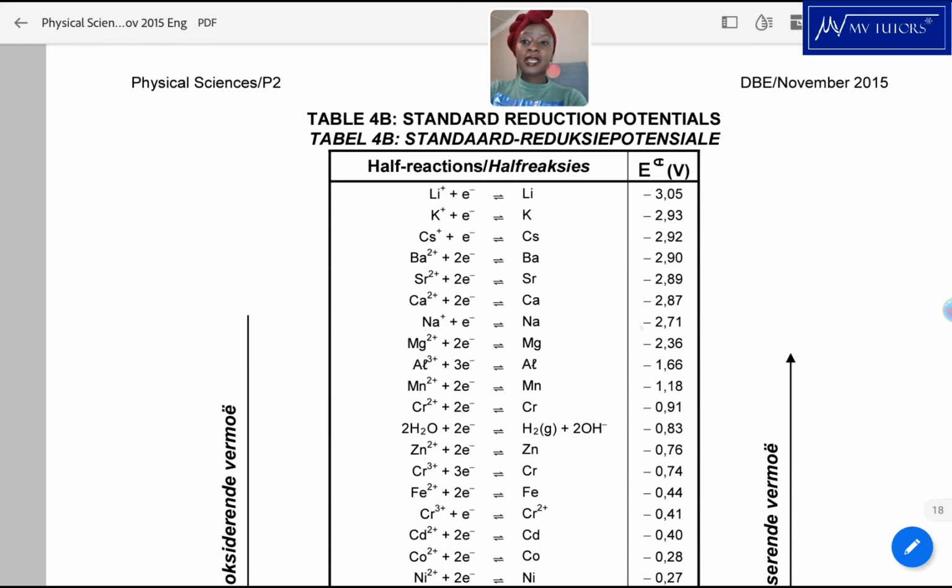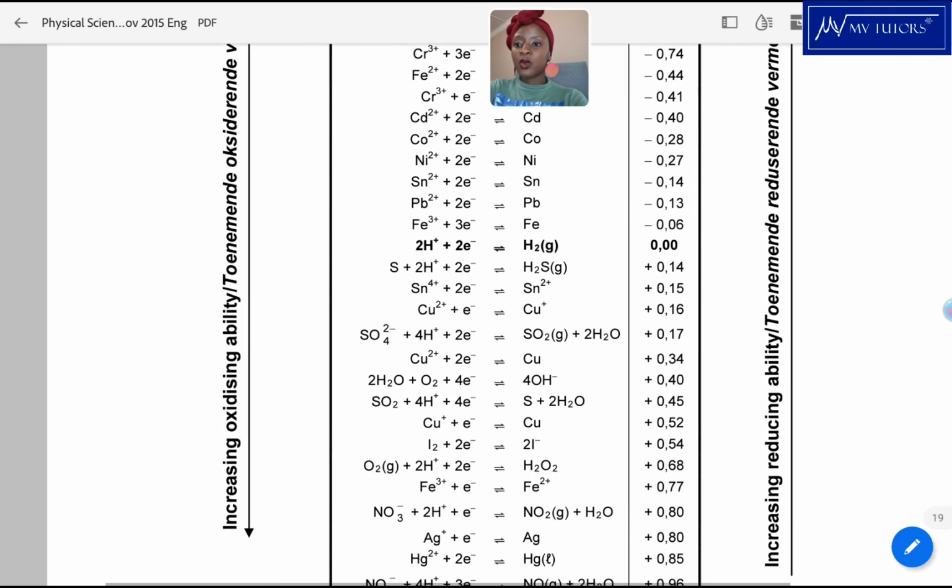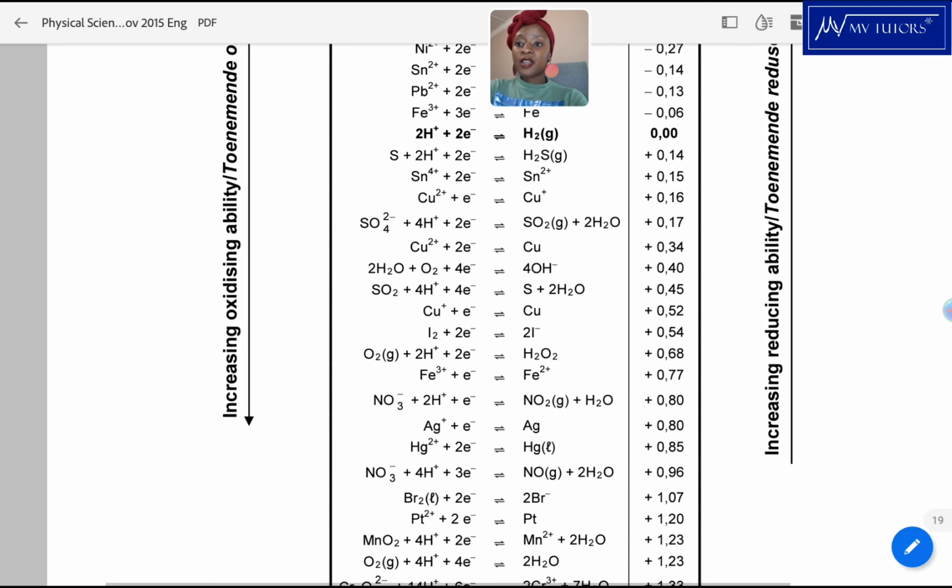Because it carries a negative voltage, in this regard the H proton will be reduced instead of these metals. But if they carry a positive voltage, we look over to the positive side. For your metal, I see silver, Ag. There's also copper. You have copper 2 plus, quite a few coppers there.